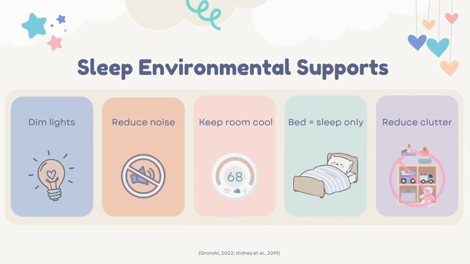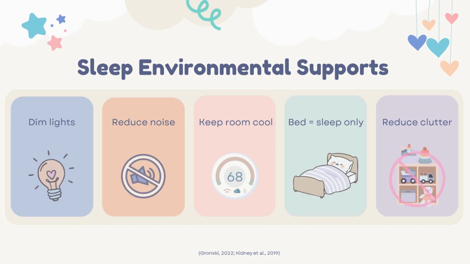In addition to routines, the sleep environment plays a significant role in sleep readiness. Environmental supports can make a meaningful difference. And this includes dimming the lights in the evening to support the body's natural sleep signal, reducing noise when possible, keeping the room cool and comfortable, using the bed primarily for sleep so it becomes associated only with sleep, and then reducing clutter or visual distractions that may increase stimulation.